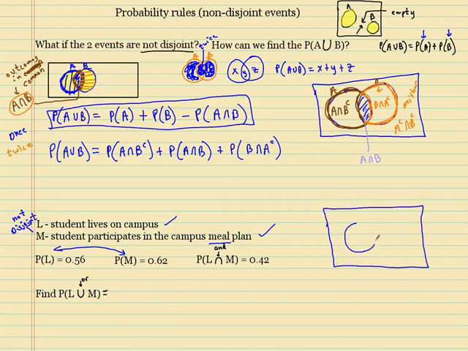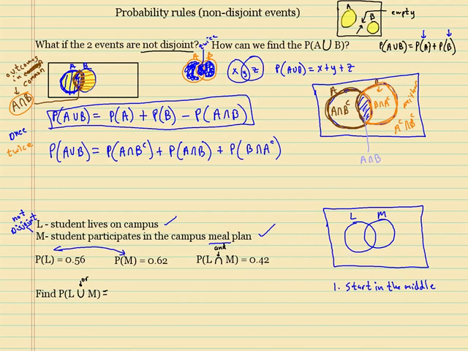And I'm going to do this being L and this being M. Now you have to be really, really careful, okay, when you're doing your Venn diagram. Okay, so I'm going to give you some steps. Start in the middle.